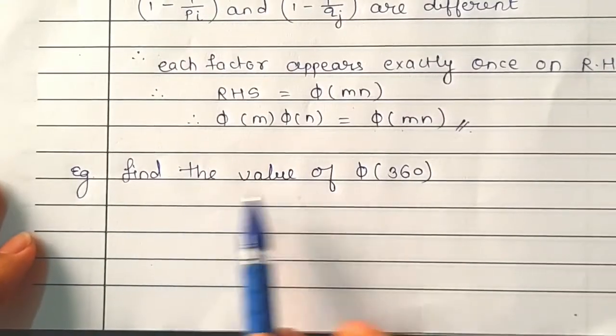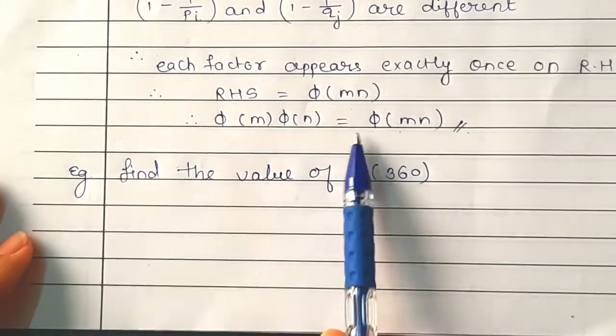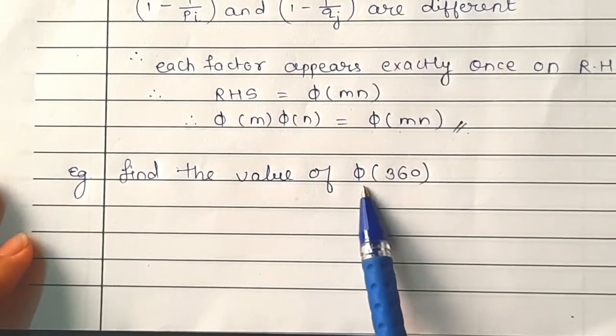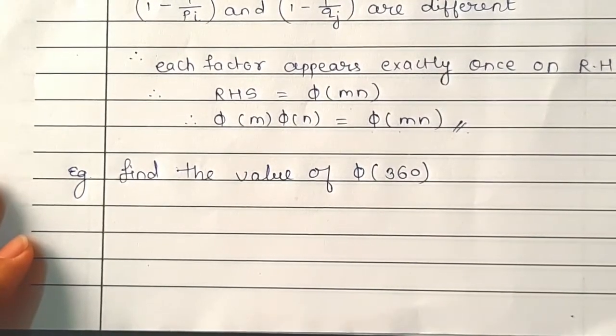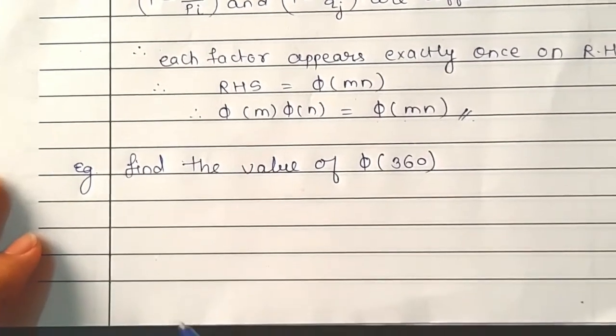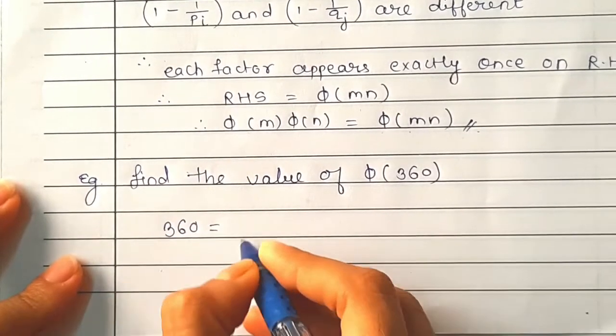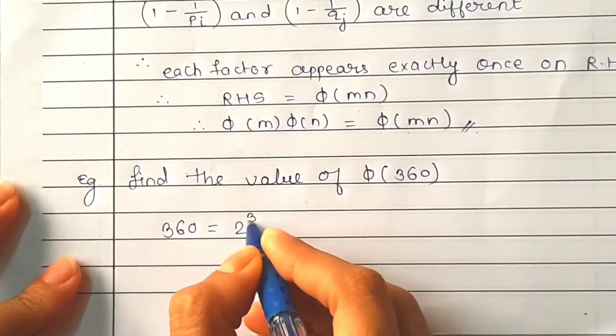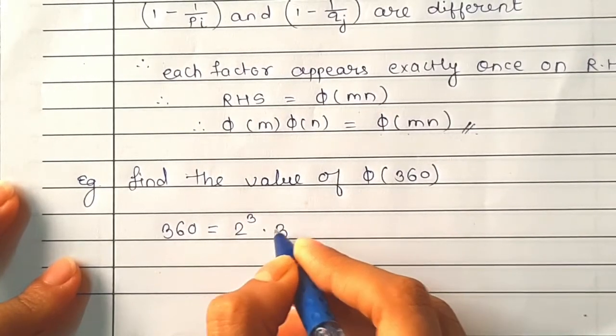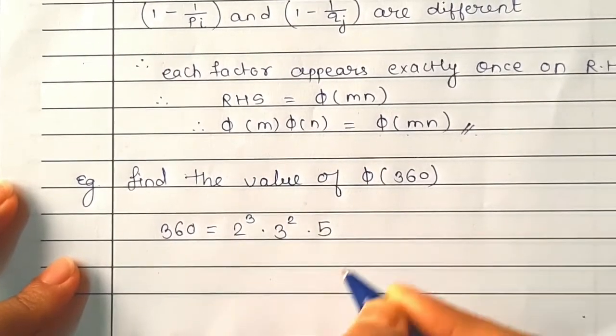So here I have one example. By using this theorem we find phi 360. Okay, so first we take the factors of 360. 360 is equal to 2 raised to 3, into 3 squared, into 5.